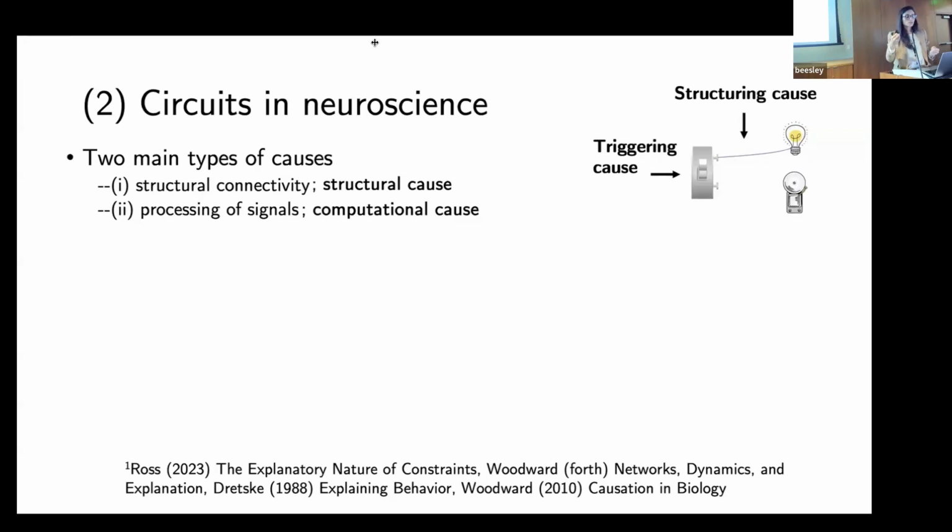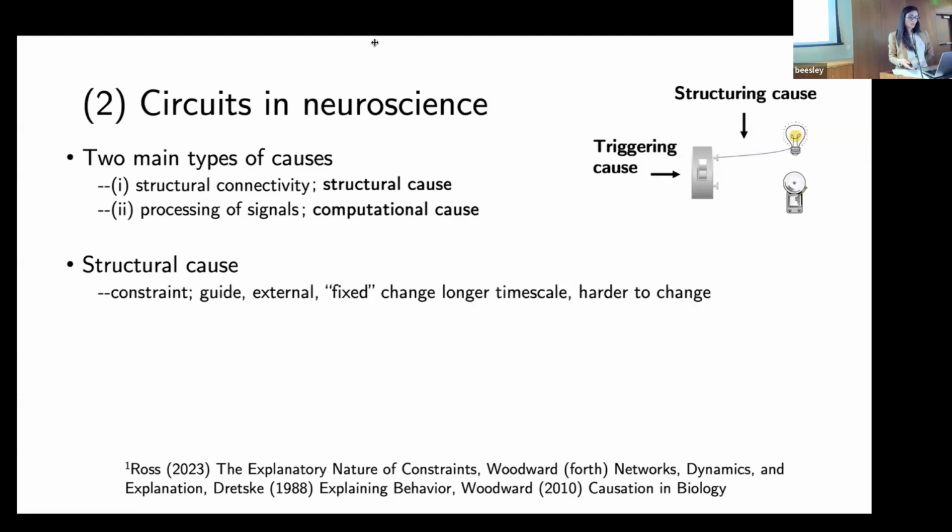So a kind of interesting difference between these two types of causes that we can unpack in a bit more detail. Our structural cause is a causal factor that is constraining another type of element in the system. In these cases, it's constraining the flow of a signal. And our structural cause, in operating as a constraint, is something that is guiding, channeling, and dictating, in this case, the flow of signaling through the system. It's often viewed as external to the object that it constrains.